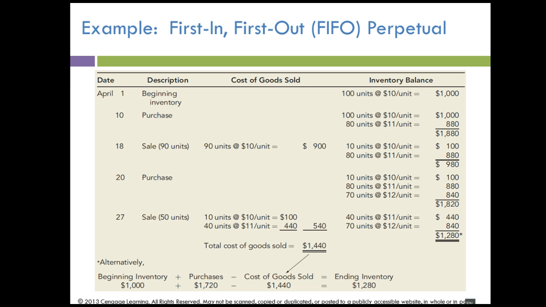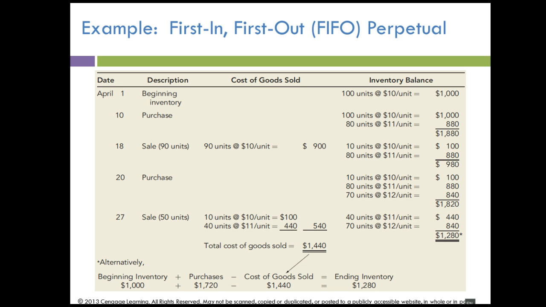Okay, so basically in the perpetual method, we're going to constantly keep track of our inventory. So we will show the sale of 90 units based on the $10 a unit.